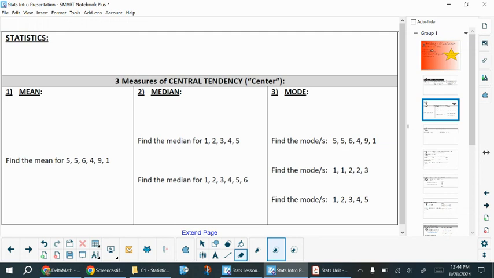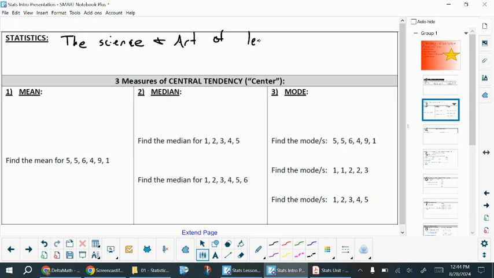When we talk about statistics, we are specifically talking about the science and art of learning from data. So we're going to go out and collect some data.